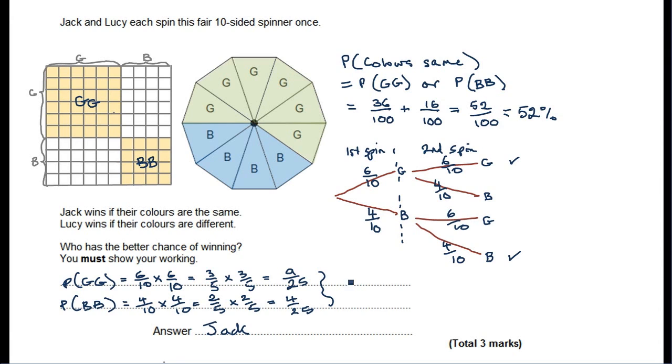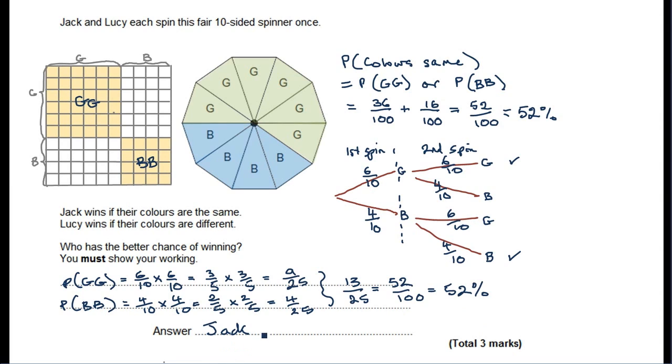And if we add these together, we should get the probability being 13/25, which, if we multiply top and bottom by 4, would give us 52 out of 100, in other words 52%.